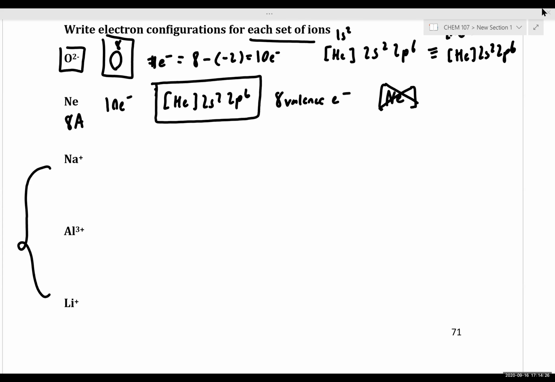And don't be shy to share your responses in the chat or verbally, or ask a question. And we'll discuss this example in another 2 to 3 minutes.